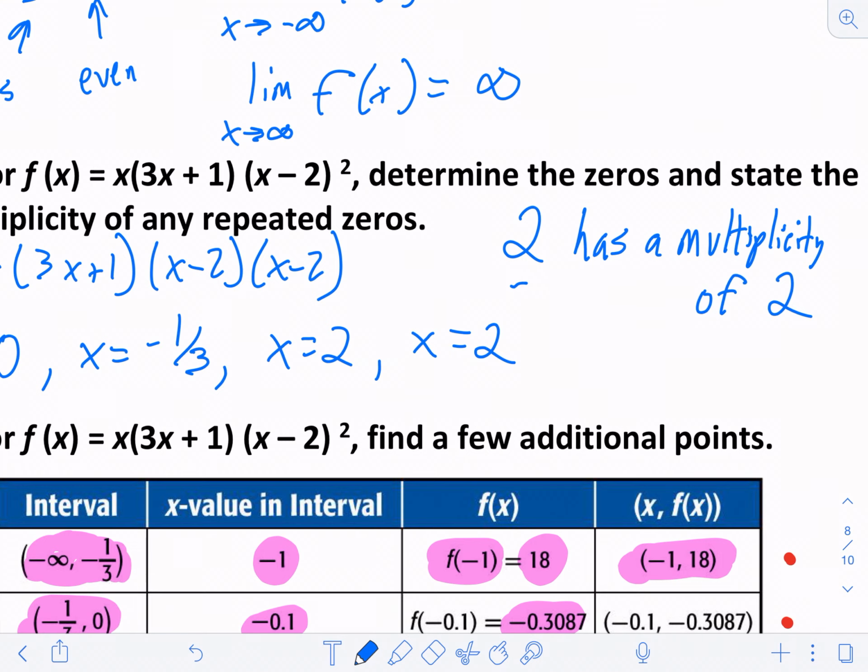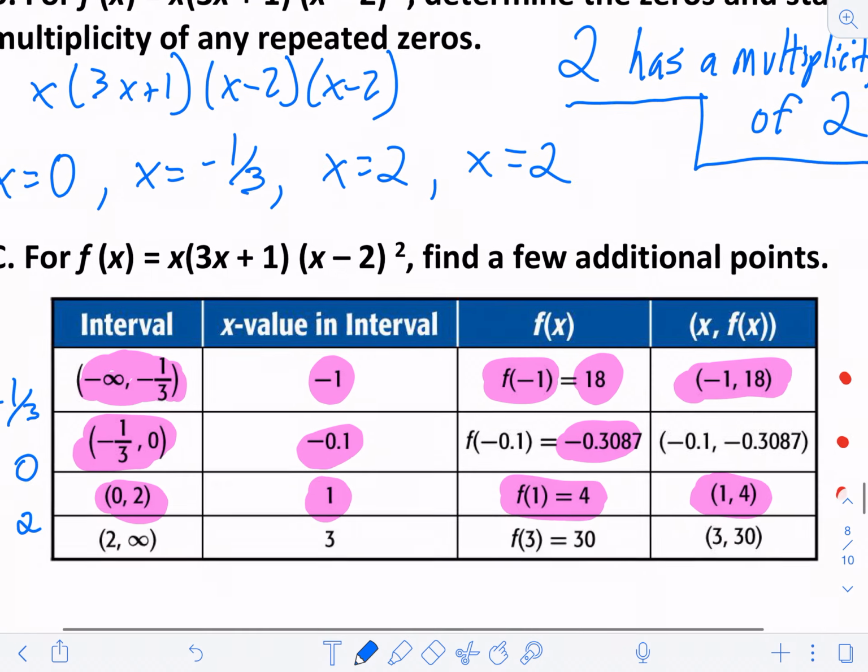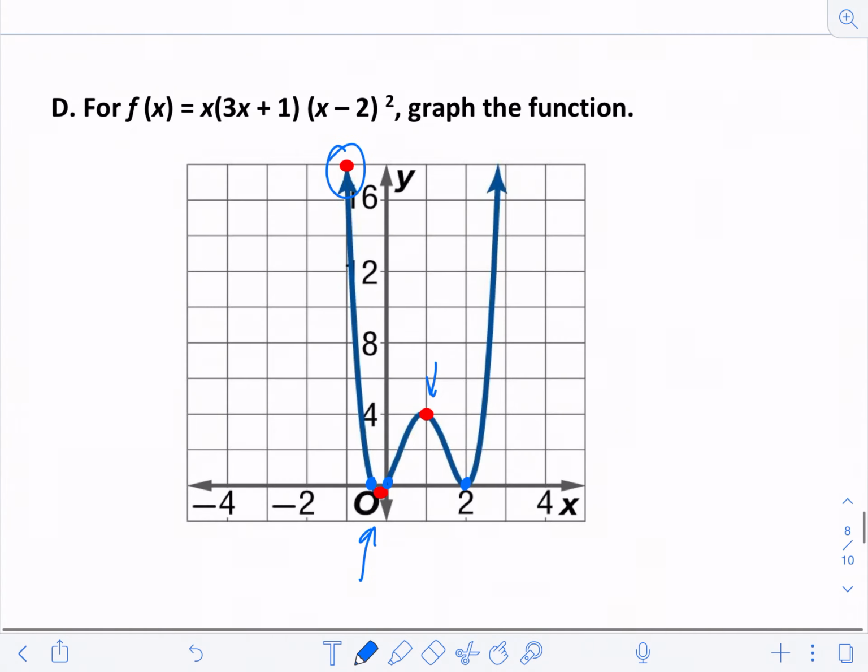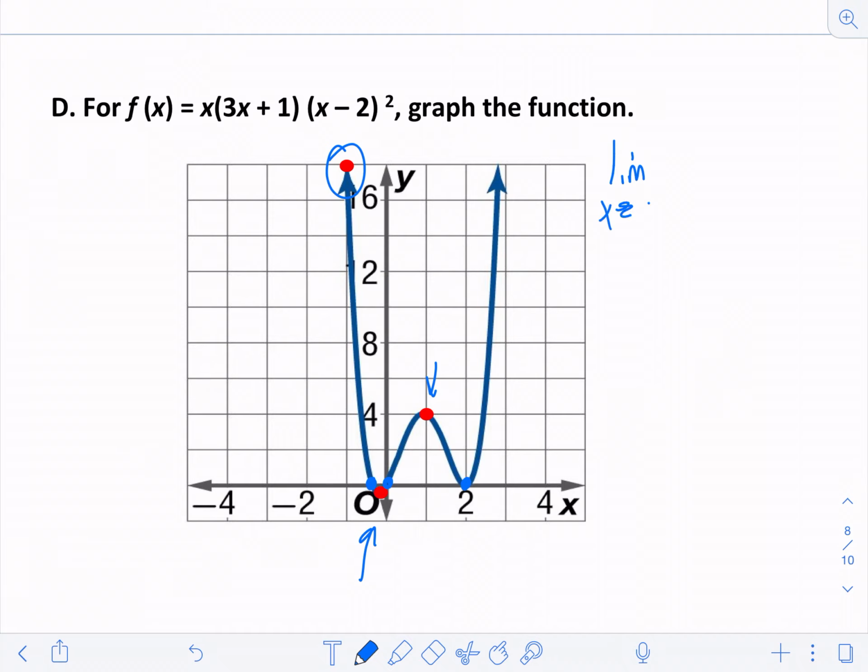So here was my graph going through the zeros, through the points I graphed, and my end behavior. My limit as x approached infinity of f of x was infinity, and my limit as x approached negative infinity of f of x also equaled infinity.